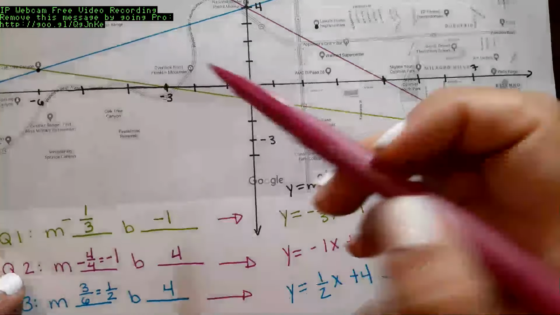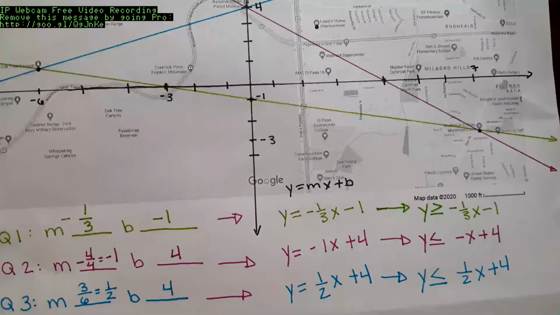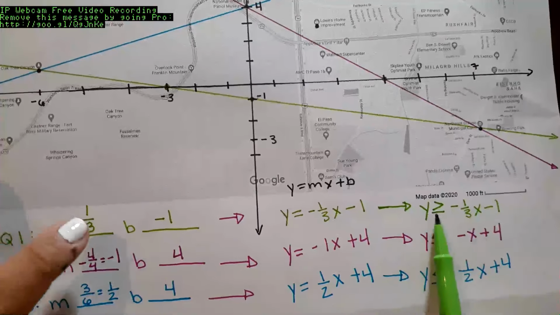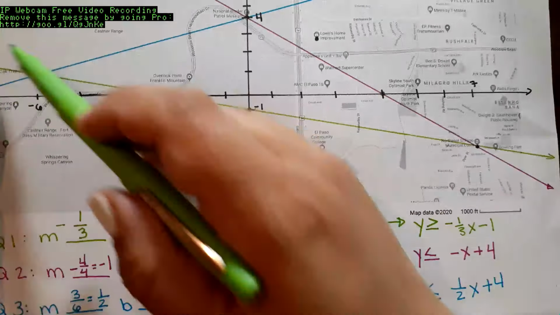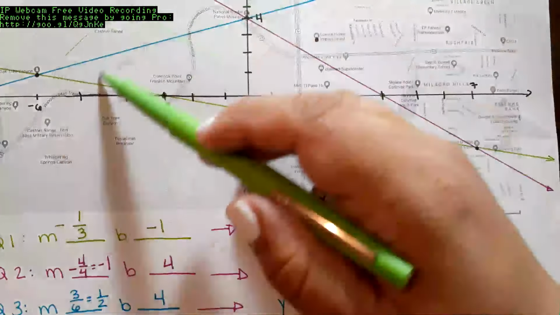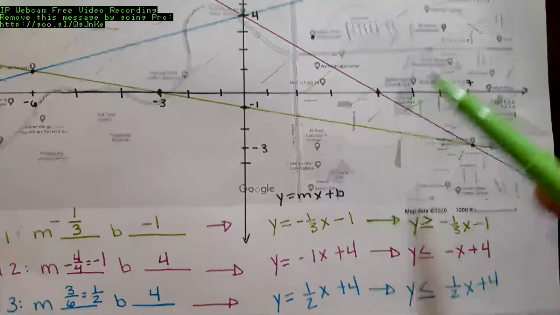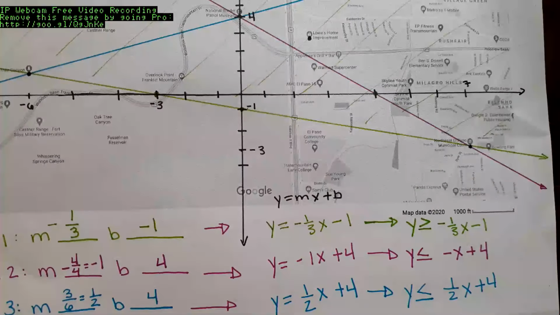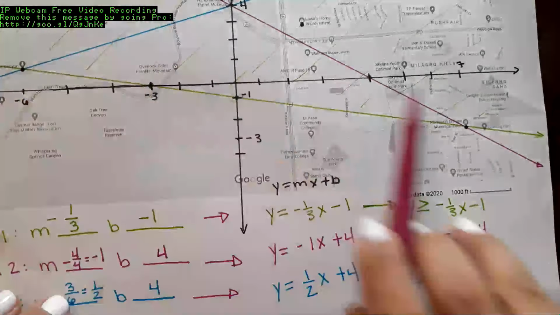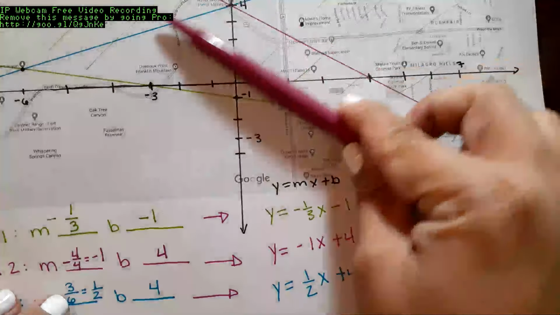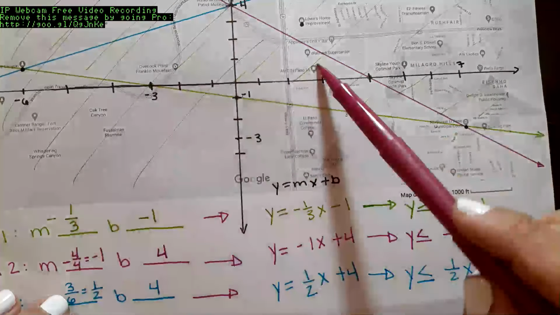And just to be sure that we did the right thing, we're just going to lightly shade what we have. So y is greater than or equal to in our first equation. So I'm going to shade lightly just above my line. Okay. So for my second one, I have y is less than or equal to. So my second equation, it's less than. So I'm going to be shading below very lightly.